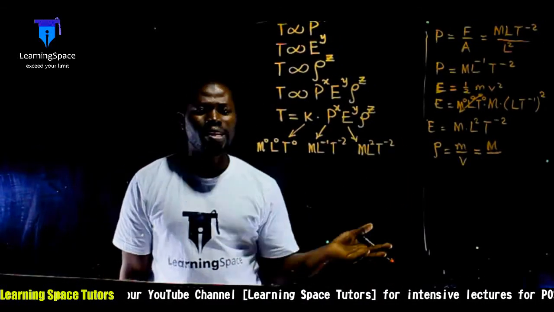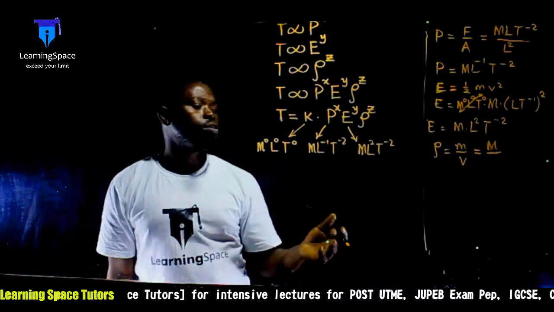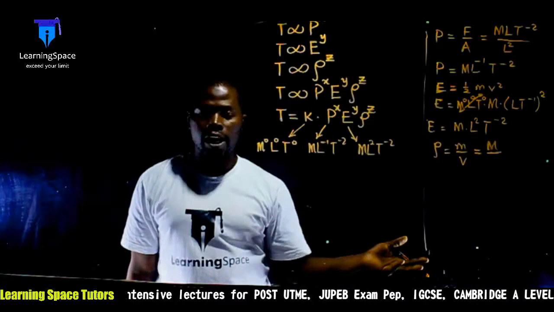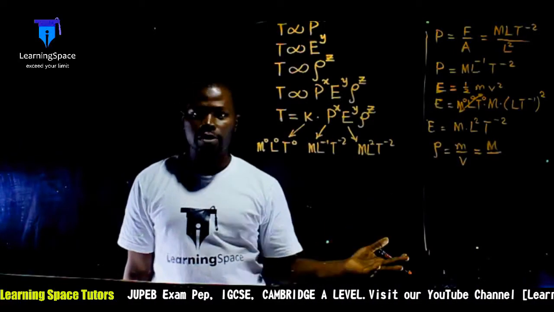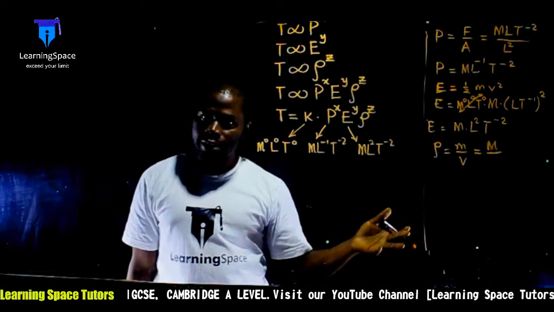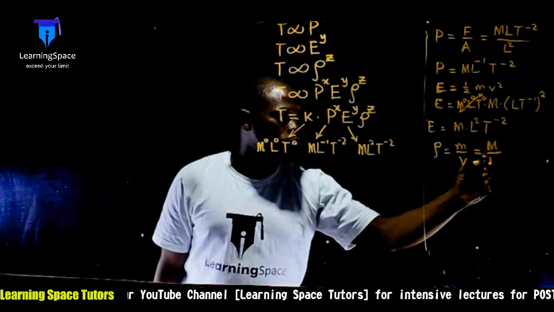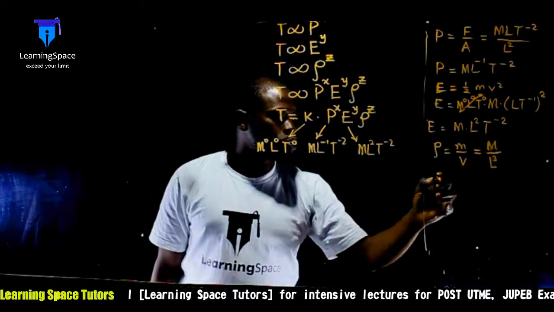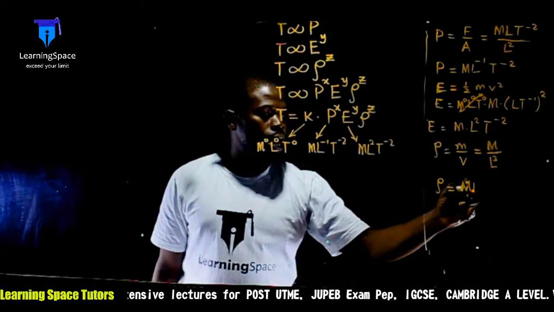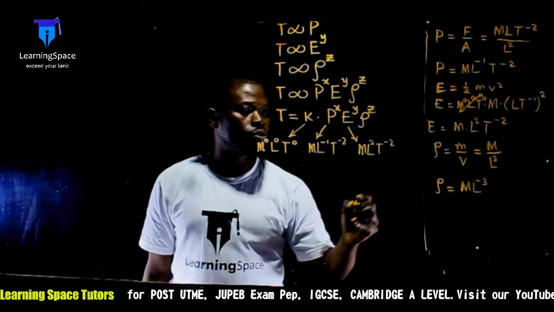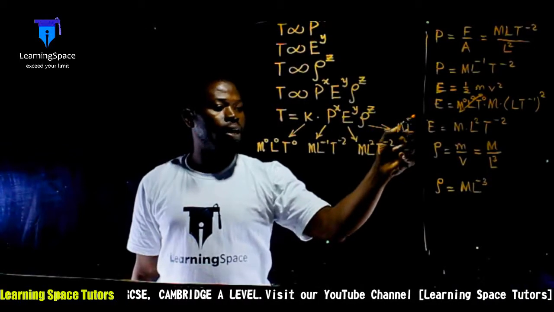Generally, volume is length times breadth times height, isn't it? So length, the dimension is L, breadth, the dimension is L, height, the dimension is still L. So L times L times L is going to give you what? L cubed. So the dimension for volume is L cubed. So the dimension for density is going to be M L raised to power minus 3. So here we have M L minus 3.